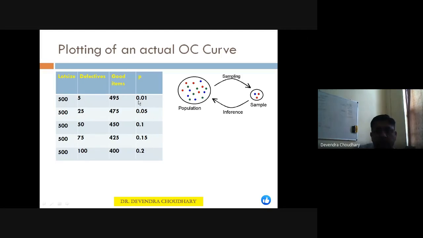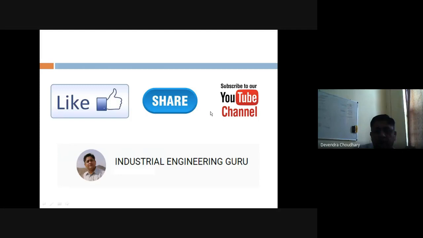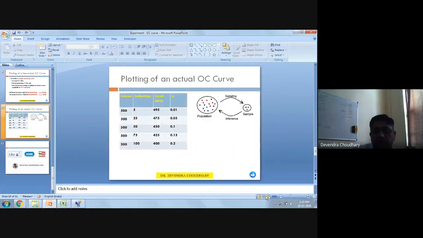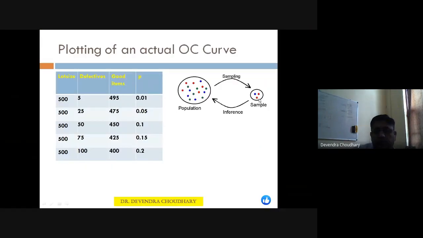Now, out of any lot, you take a sample of 30 items and count the yellow color peas out of it. So those would be considered as defective.